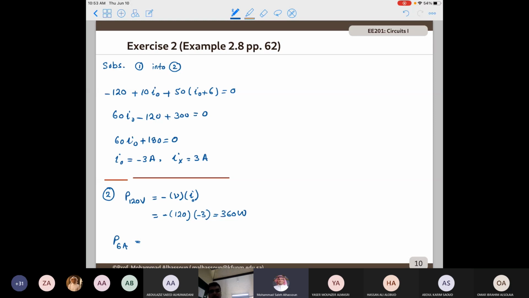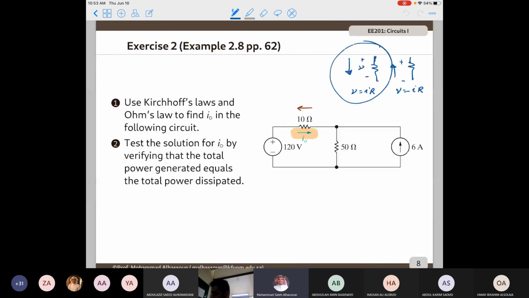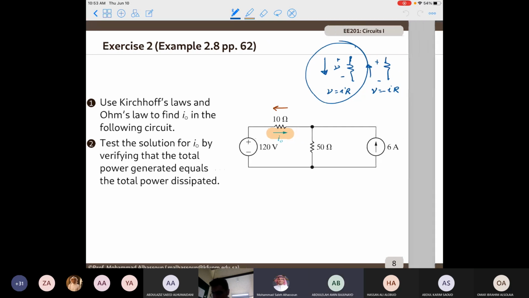Abdullah, you're muted. Yes, doctor. Can you show me the diagram? Okay. So we have the 6 ampere source. We need to find the power generated or delivered by this 6 ampere source. The current is just 6.